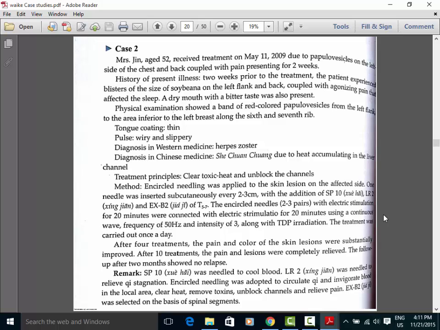So this is maybe a good example of: if the pulse is wiry and slippery, that means that it is damp heat. I don't know why they said toxic. But they say heat accumulating in the liver. Yeah, their diagnosis is heat accumulating in the liver channel, right? Liver channel here.